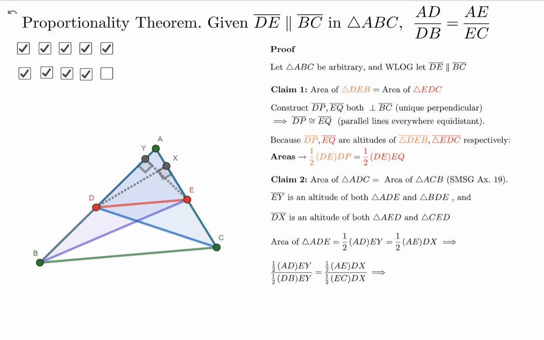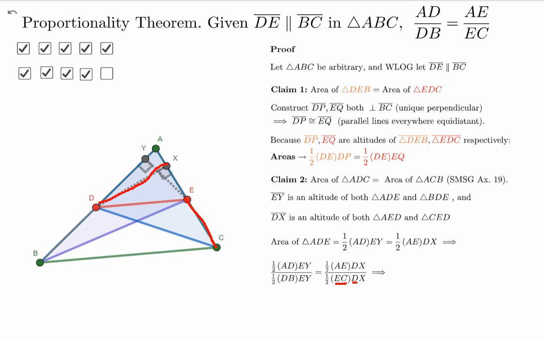So the base times the height here. The base is DB, and the height is still this altitude up here. Yeah, so we have it. That's good. And then let's check out this other one. Sorry. So now the base EC, and the height of that triangle is DX.